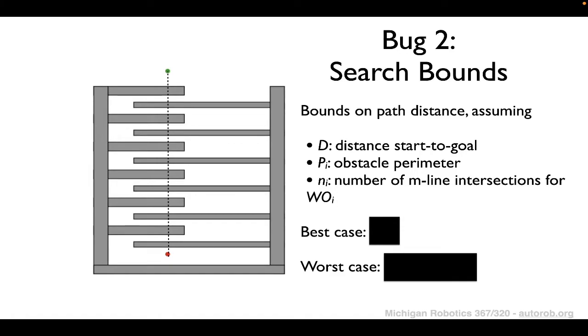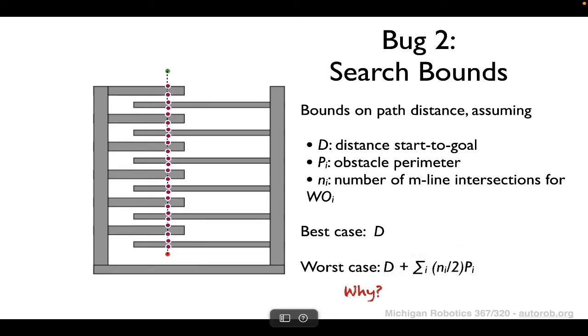In particular, if we express the distance to the goal as the variable d, the obstacle perimeters that the algorithm will encounter as variables p sub i, and n sub i as the number of m-line intersections for the world obstacle indexed by i, we can calculate these best and worst case paths. The best case is going to be length d. If there are no obstacles, then it'll just be that straight m-line distance to the goal.